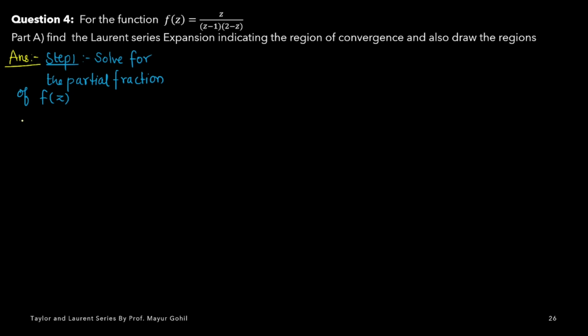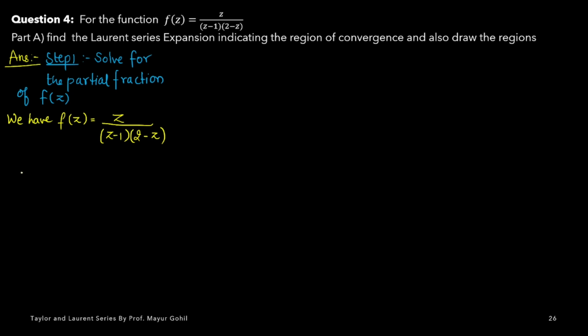So we have our function, f of z equal to z upon (z minus 1) times (2 minus z).